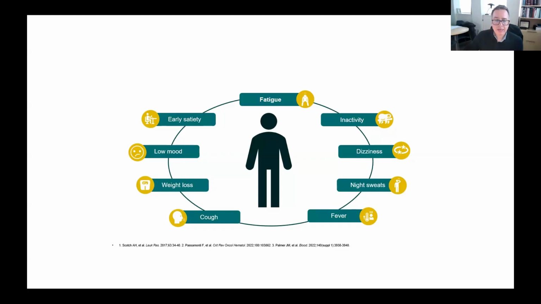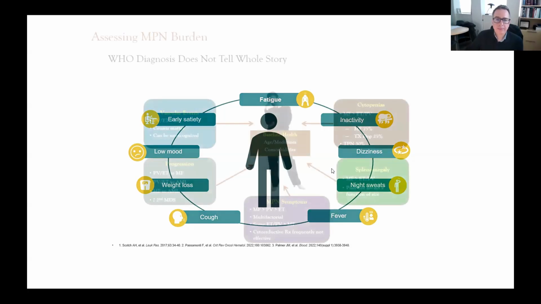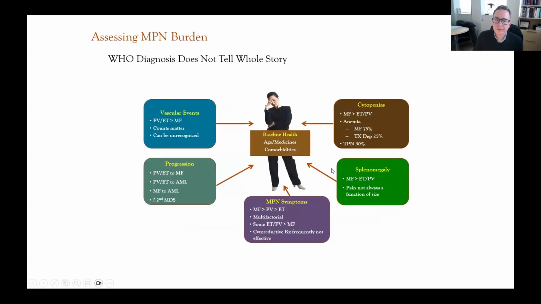And these symptoms, again, I just want to point out, don't all have to exist in a given person. You can have one or more symptoms, but they're often interrelated and can work to contribute to poor quality of life.